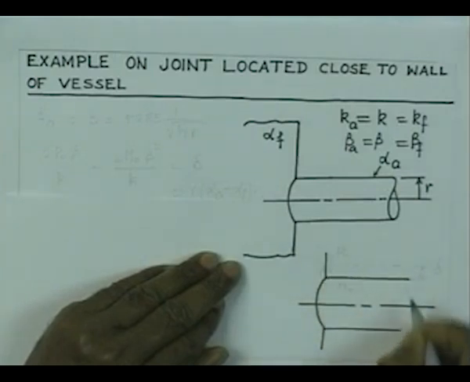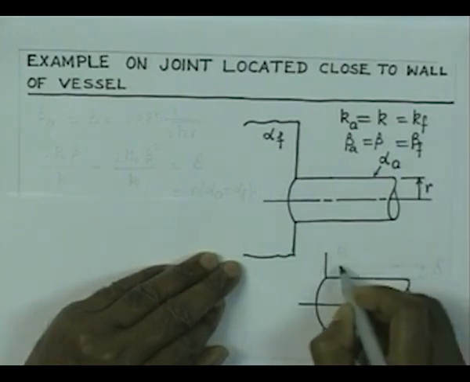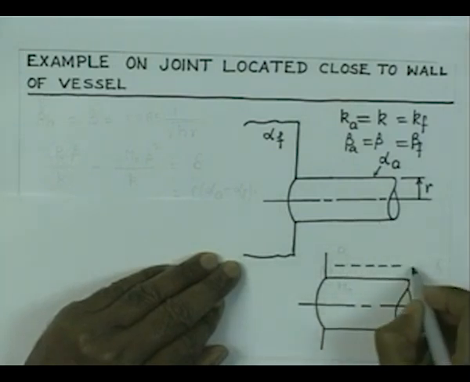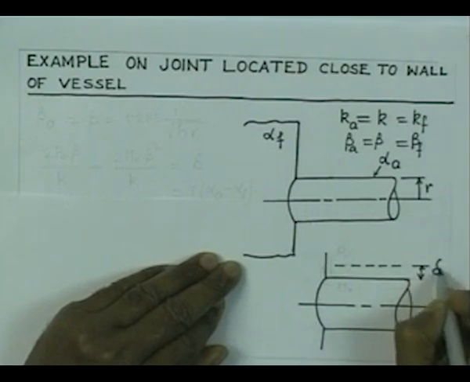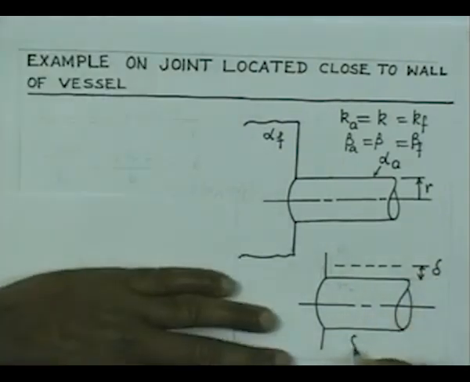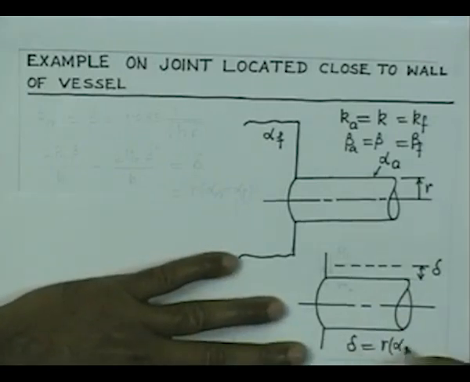If we consider that this is our original pipe, under the differential expansion the pipe is now going to expand more, and that is going to be, let us say, delta, and this delta is nothing but R into alpha A minus alpha F into the temperature rise.